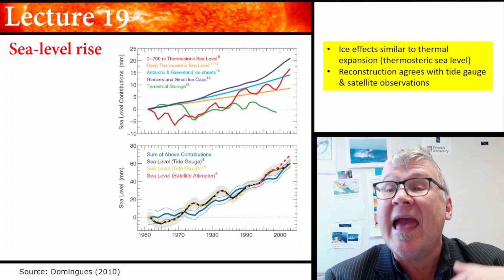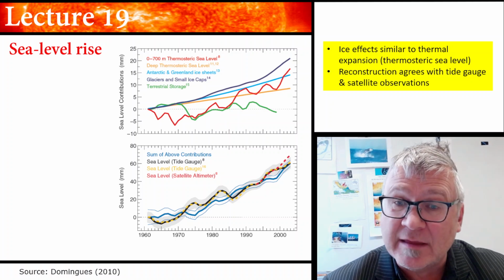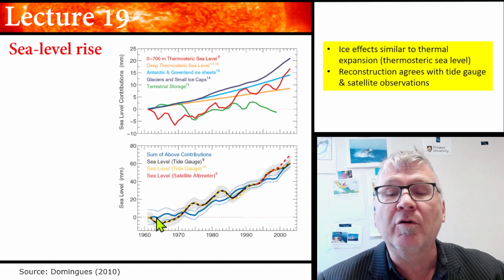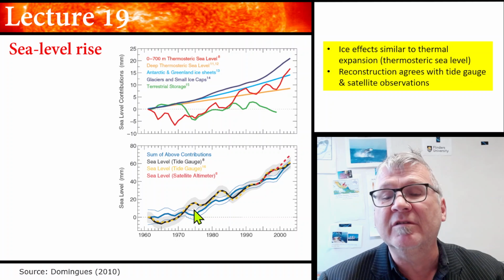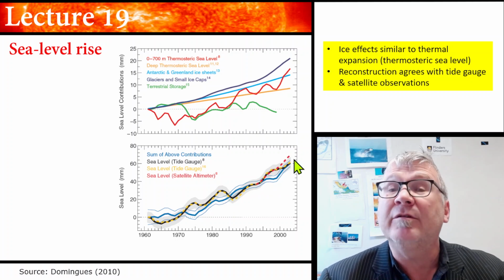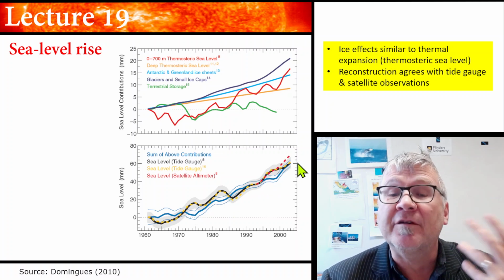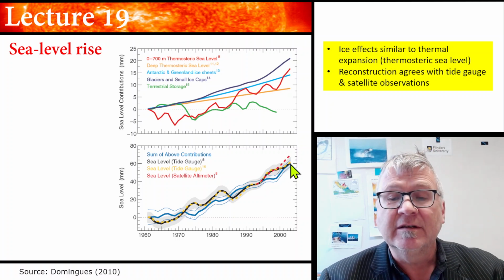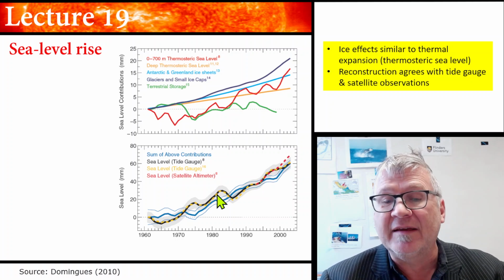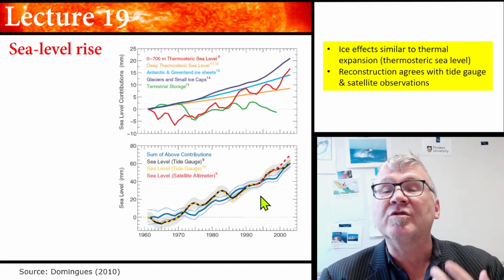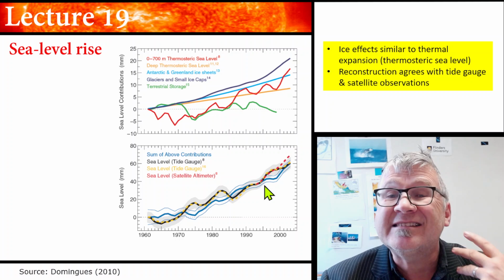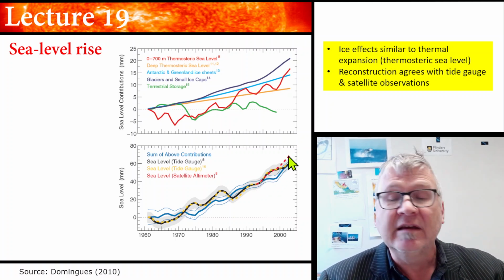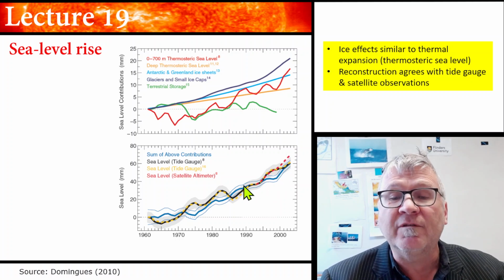So now if you add up all these components, you come to the blue curve in the lower graph. This is the sum of all these contributions, and you can compare it with observations derived from tide gauges. There are two curves in here based on tide gauges, and you also have estimates from satellite altimeter measurements. Here is the red dashed curve.